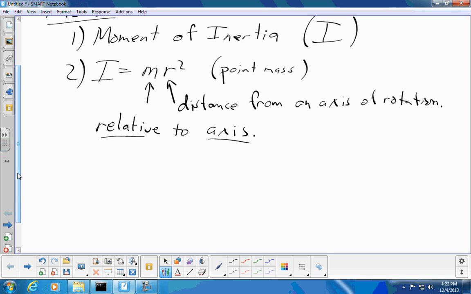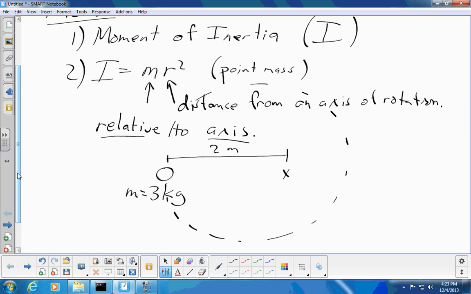It has to specify what is the moment of inertia of that 3 kilogram point mass relative to an axis. So they would say, okay, here's a 3 kilogram point mass. What is its moment of inertia? That's a meaningless question unless I also specify, oh, here's the axis of rotation, and this thing is 2 meters away from that axis of rotation. And it's going to rotate about that axis in, let's say, the plane of the piece of paper. Nice circle, concentric on that axis, except that it isn't.